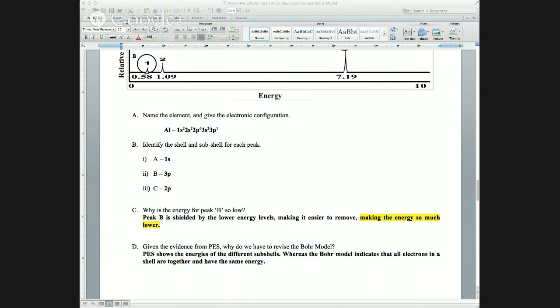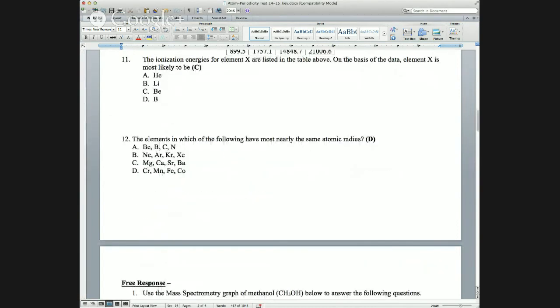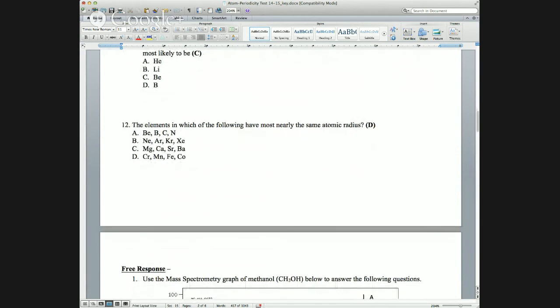All right. Multiple choice number 12 for ARIA. The elements in which of the following have most nearly the same atomic radius? Aha. Okay.